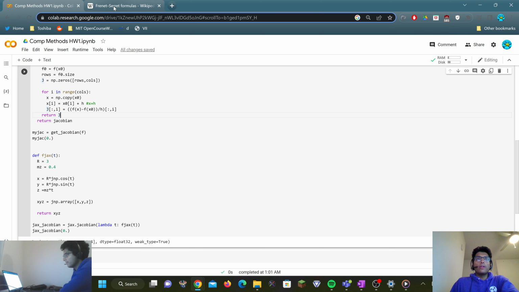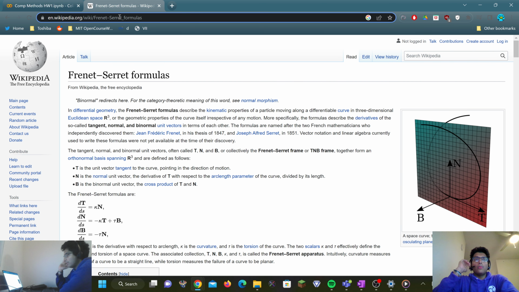To do that, let's actually look at what the Frenet-Serret formulas are. They are given as follows. T is the unit vector tangent to the curve, pointing in the direction of motion.